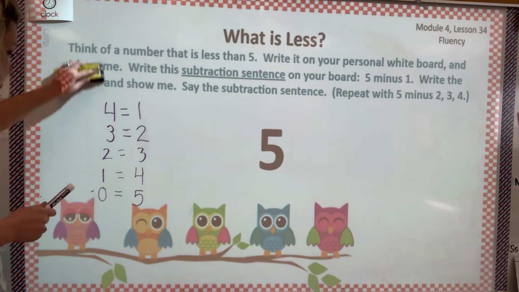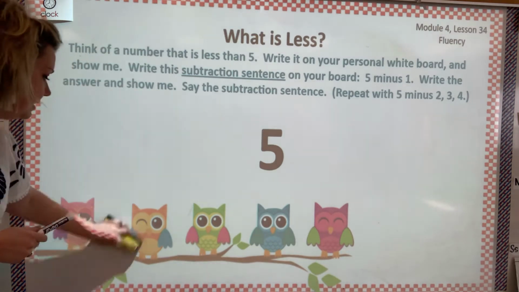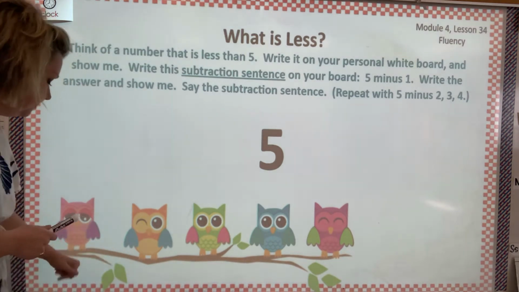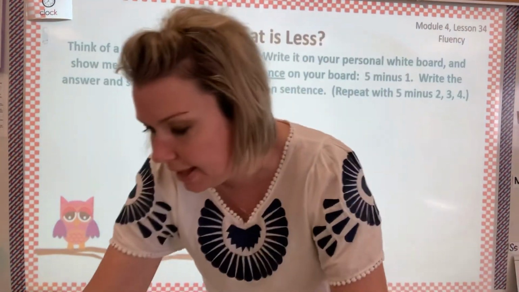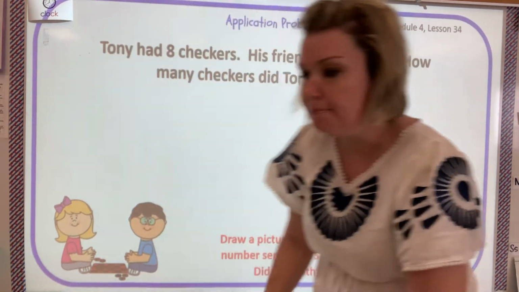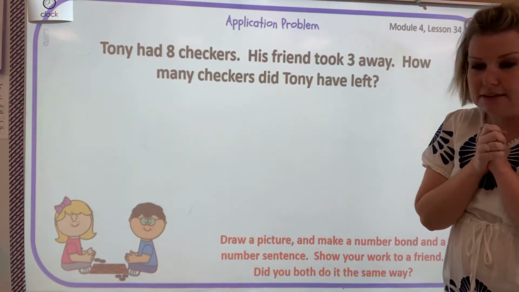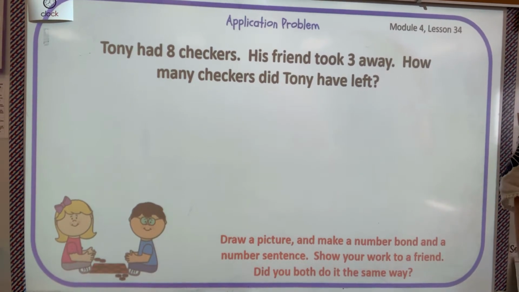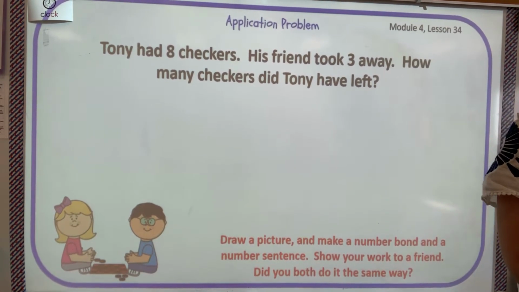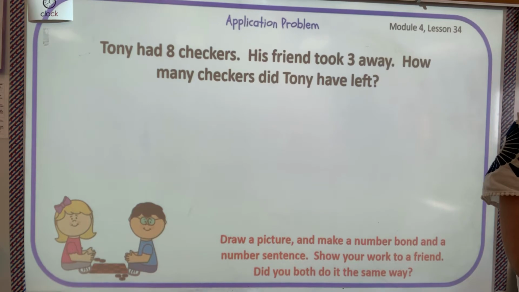Okay, erase your board, put your lid nice and tight on your marker, and put those materials away. Then grab your handy dandy math book and open it to page 149.